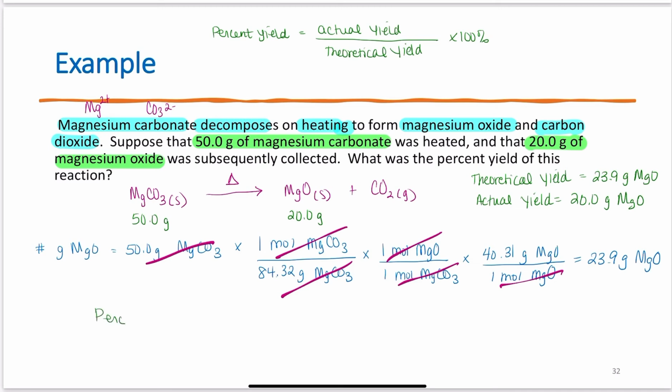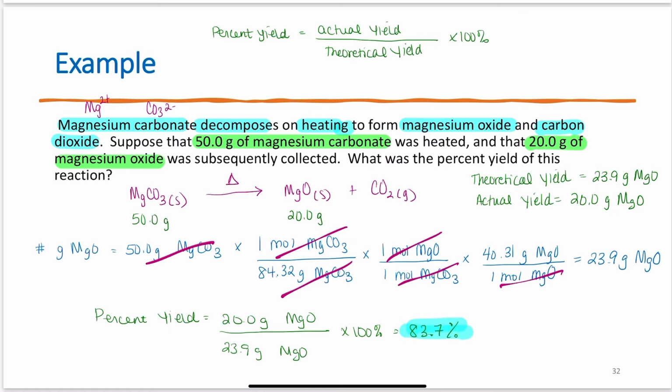So percent yield is 20 grams magnesium oxide divided by, not 50 grams, I apologize, divided by 23.9 grams of magnesium oxide times 100%, which gives me a value of 83.7%.